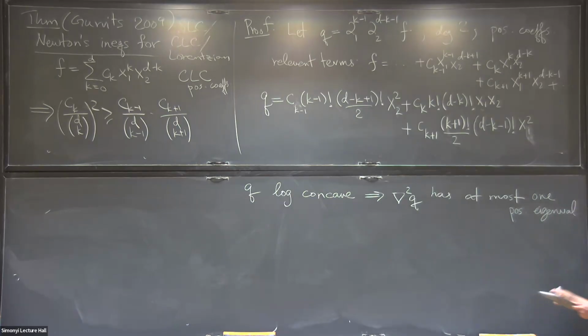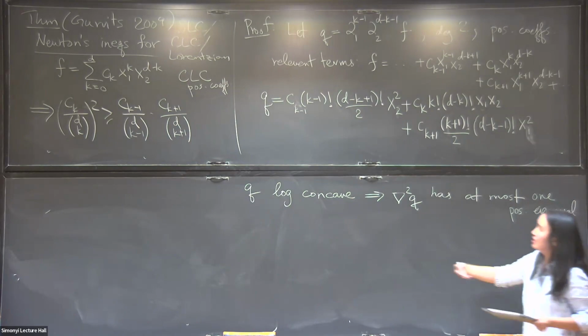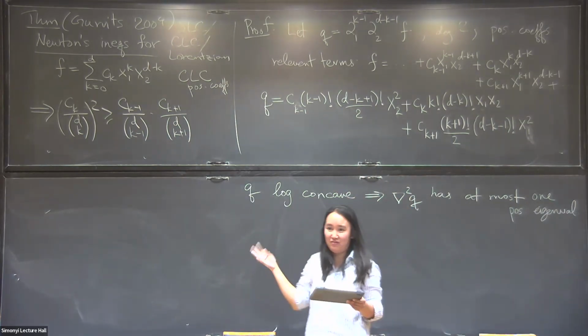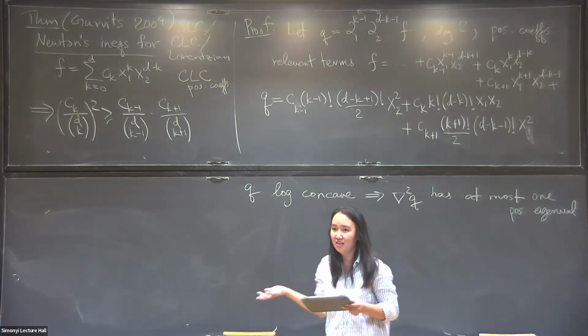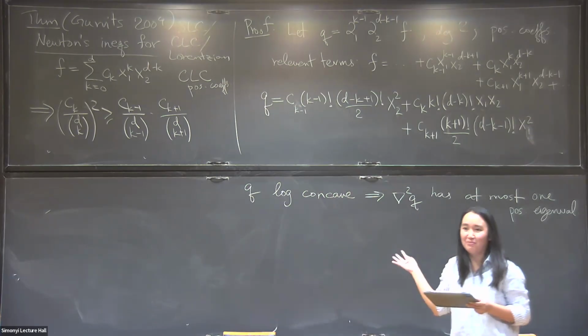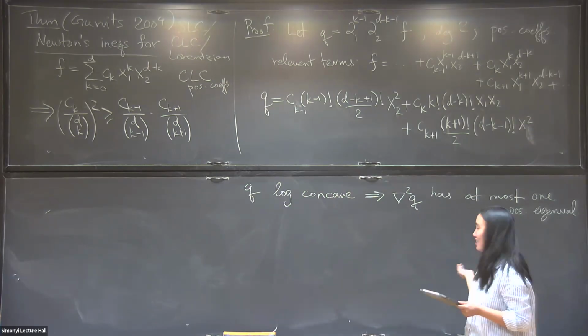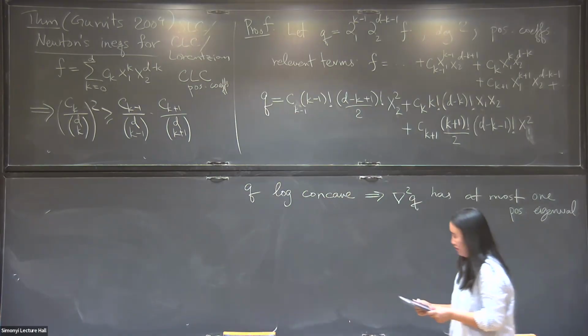It cannot have both eigenvalues negative because that would mean it is negative definite, but it is a quadratic form with positive coefficients, so it's not going to be negative definite. Or you can see that the trace is positive, so it has to have exactly one positive eigenvalue.